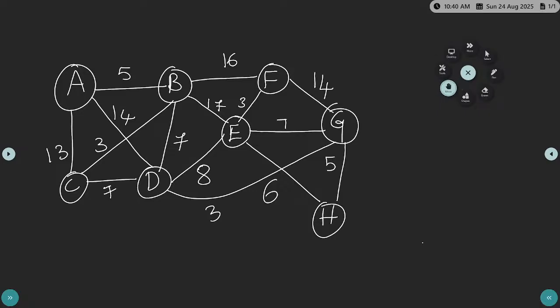Write down step 1. Have you drawn the diagram? Those who have, start. Draw all the edges. Not minimum edge, all the edges. Take one vertex as a source vertex. You start from any vertex. I will start from C. Or I'll start from B.